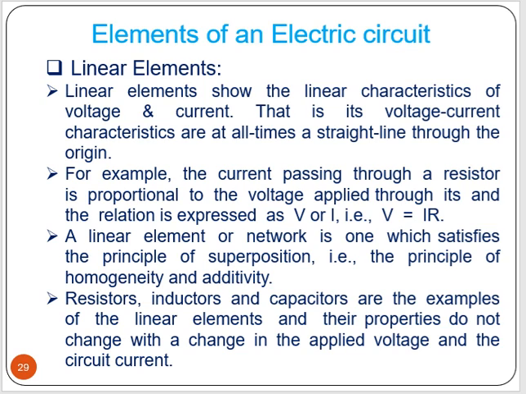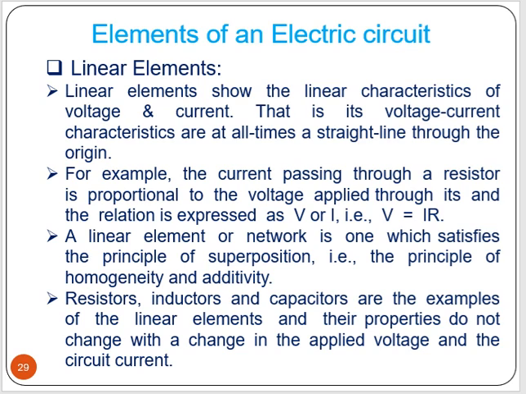Now linear elements. Linear elements show the linear characteristics of voltage and current. That is, their voltage-current characteristics are at all times a straight line through the origin. That is the main point, through the origin.